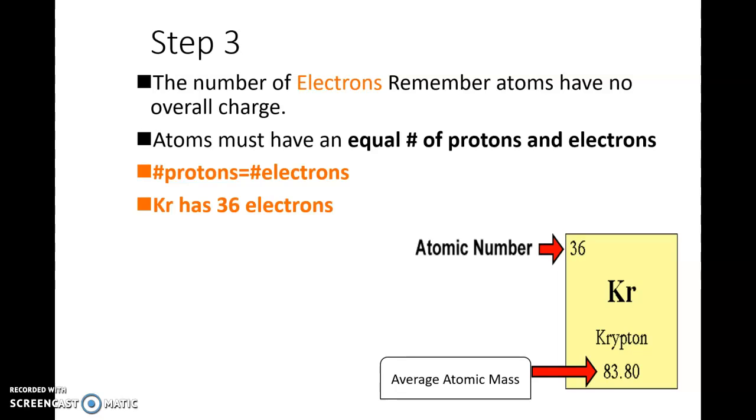If the number of protons is equal to the number of electrons, that means the total number of positive charges is equal to the total number of negative charges, resulting in an overall charge of 0. So far what we know here is that krypton has 36 protons and the same number of electrons. So 36 protons and 36 electrons.